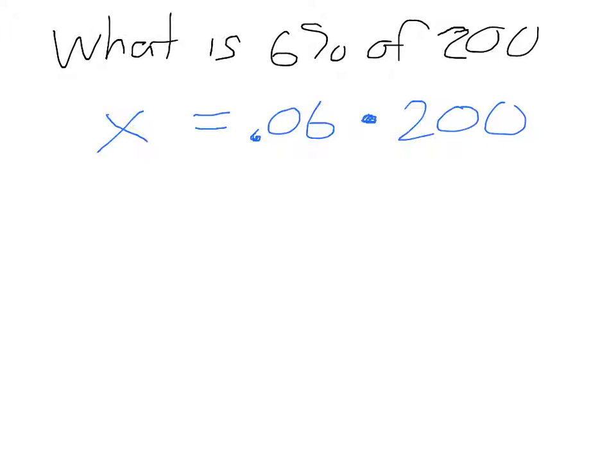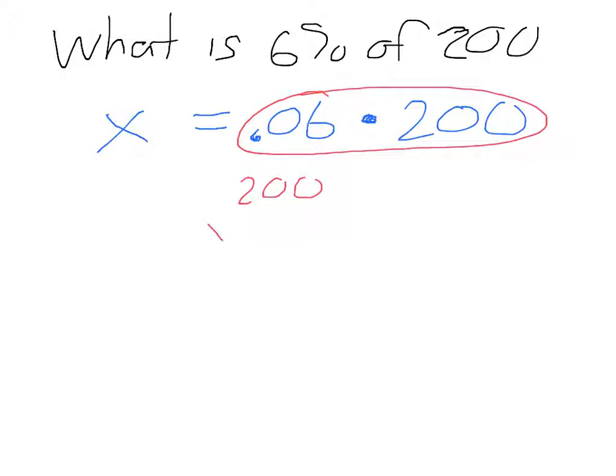What do I need to do to solve this equation? Find out what x is. I want to find out what x is, but how do I do that in this equation? Multiply 0.06 times 200. I just multiply. All I'm going to do is multiply 0.06 times 200.